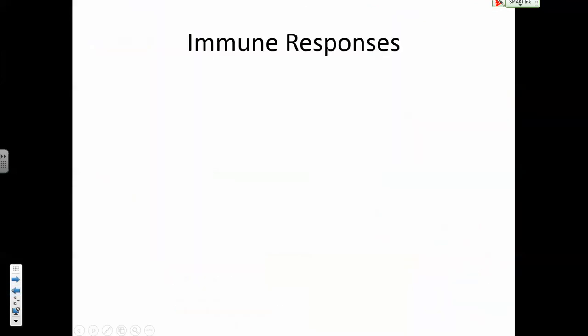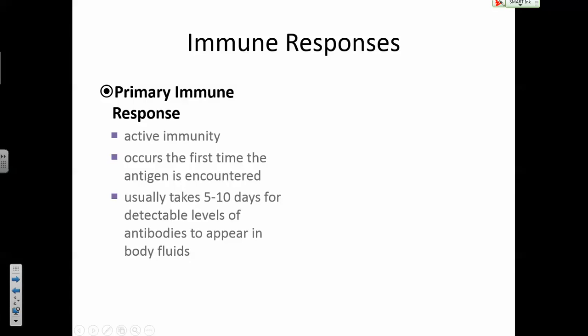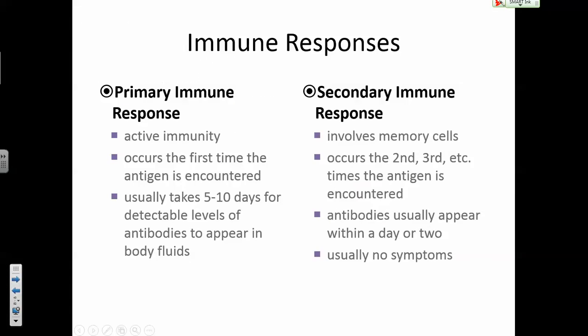Okay. If we look at your immune responses, and that involves the B and the T cells. But we have your primary immune response means the first time you encounter a particular antigen. And that's what we've been talking about.